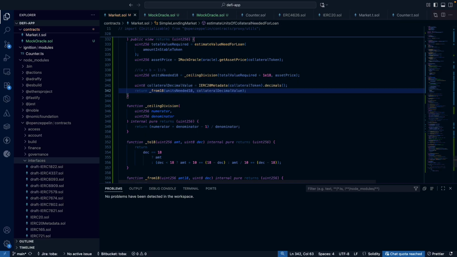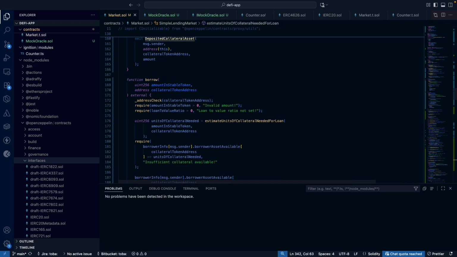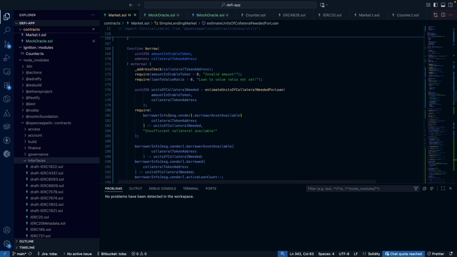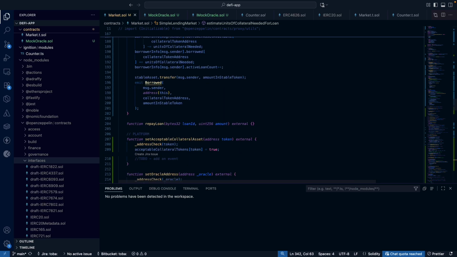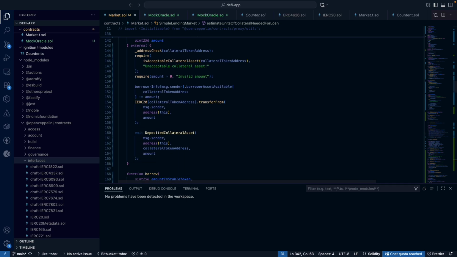Okay, yes, so we just managed to clean up our entire function, and this sets us up neatly for the borrow. So our borrow function is complete. We'll be moving on to the repay function next.